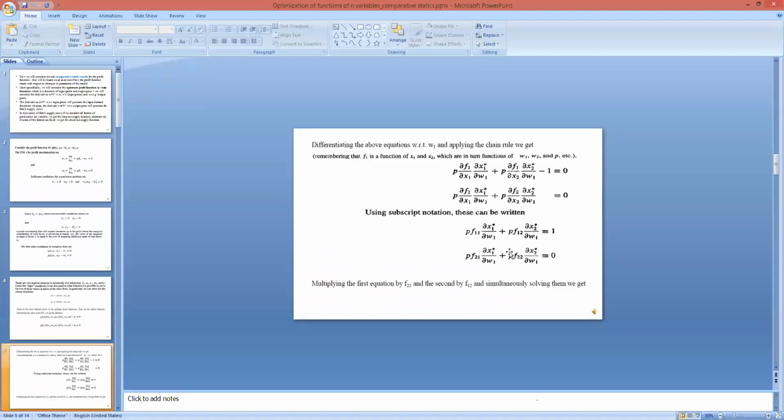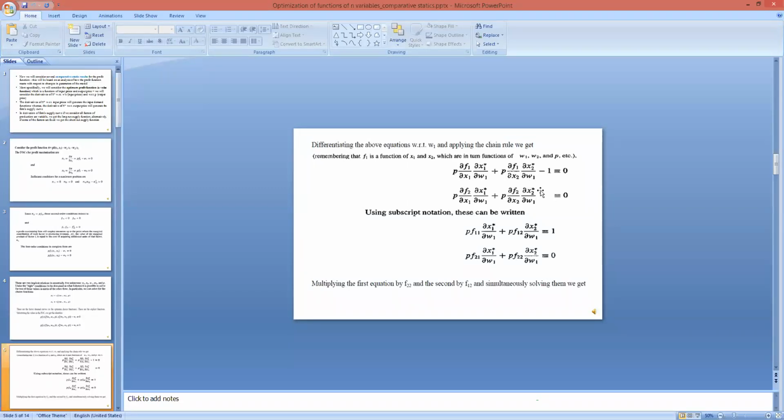So if we take the derivative, P del f1 by del x1 into del x1 star by del w1 plus P del f1 by del x2, because f1 is a function of both x1 star and x2 star, and both x1 star and x2 star are functions of w1. So we need to take the derivative with respect to x2 star too, because x2 star is also a function of w1.